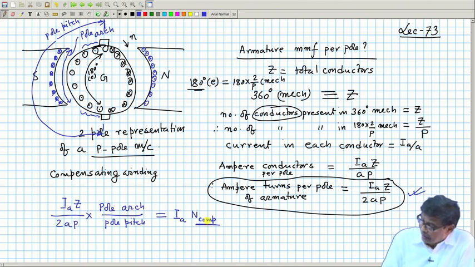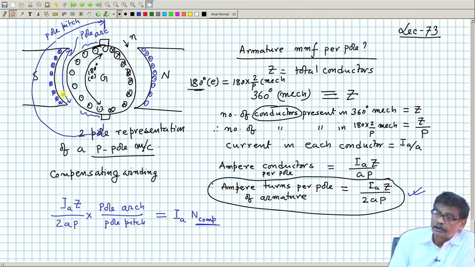So, what did I do? I calculated the armature ampere turns per pole of the armature. It covers all the conductors within one pole pitch, this is the pole pitch, and I will put the compensating winding, and the compensating winding can only compensate for the conductors covered under this pole arc. This is the pole arc. Therefore, how much of this can be compensated?